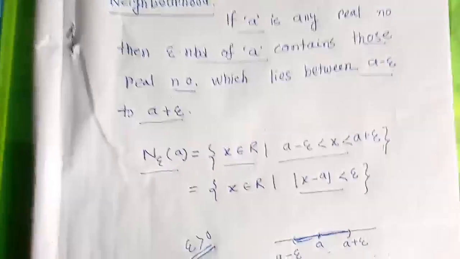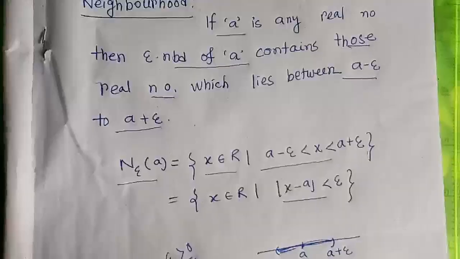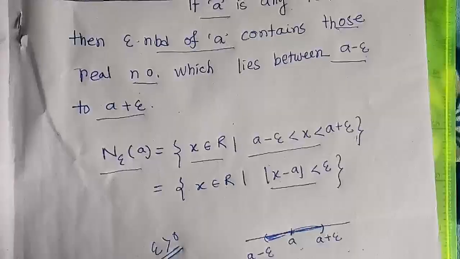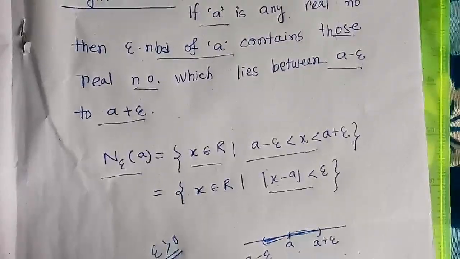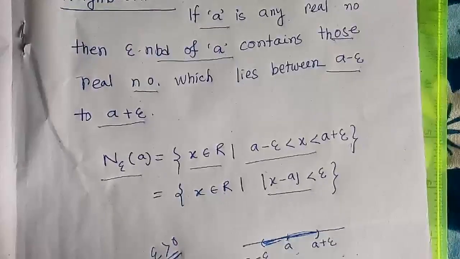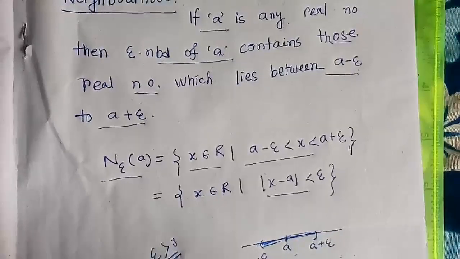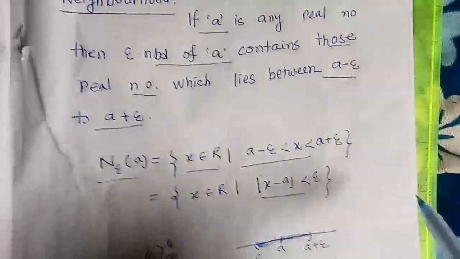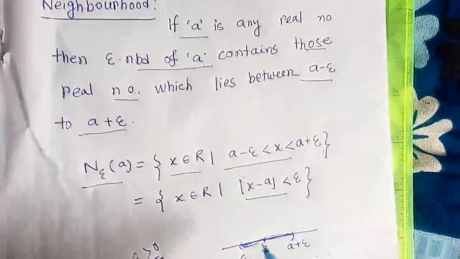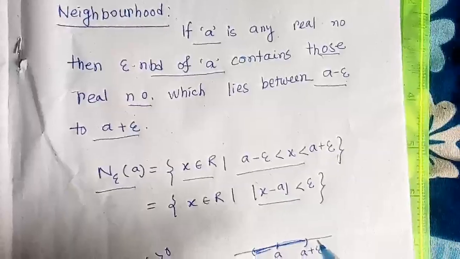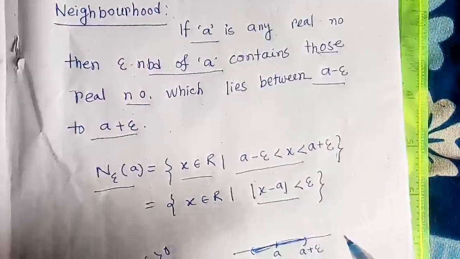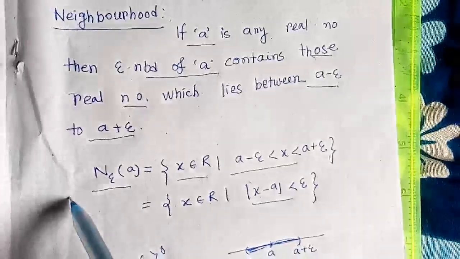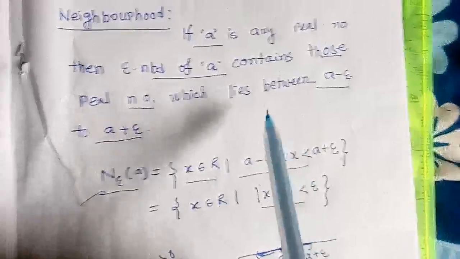This is the definition of the epsilon neighborhood.